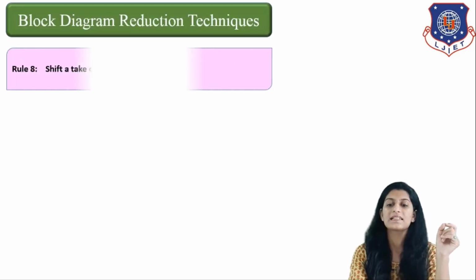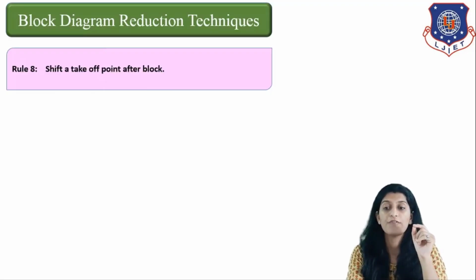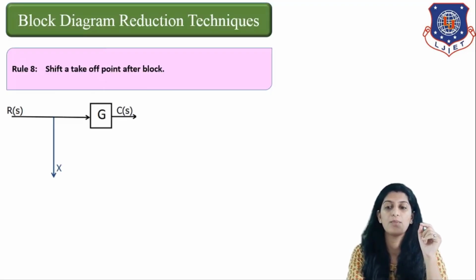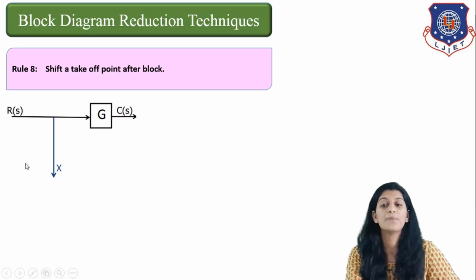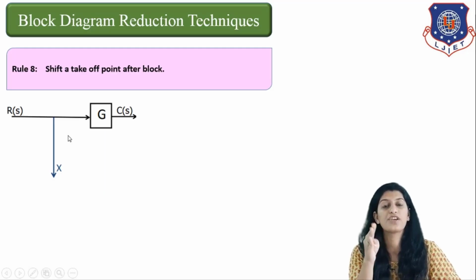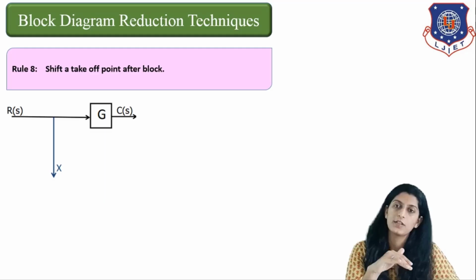Now let's deal with the next rule, which is to shift a takeoff point after the block. Initially, in rule number 7, we shifted it before the block. Now we will shift it after the block.